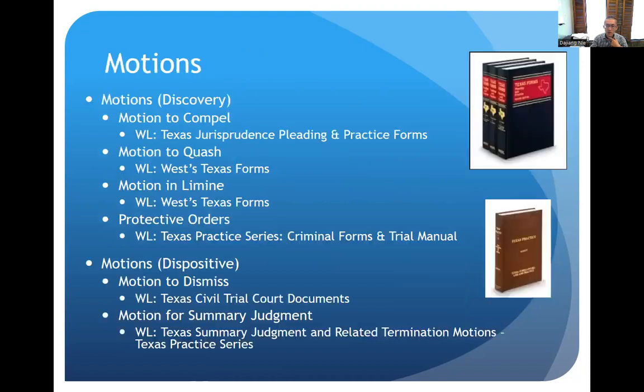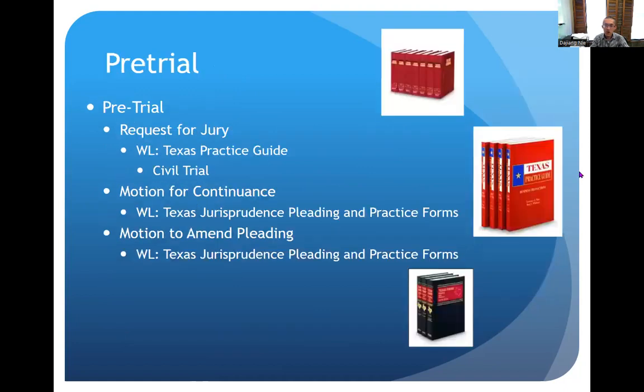Motions, again, you can still find the discovery motions and the dispositive motions in those titles, right? And all of those forms work in the exact same way, which I will show you in the next few minutes. Pre-trial, again, some outstanding titles, and they work in the same way, right?